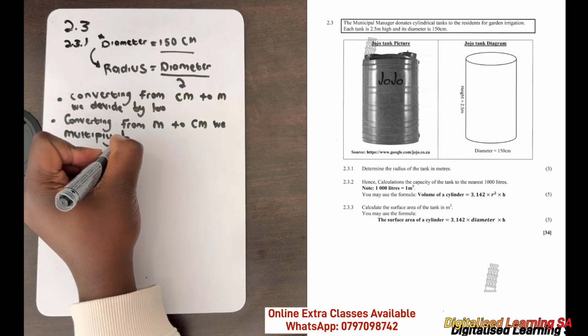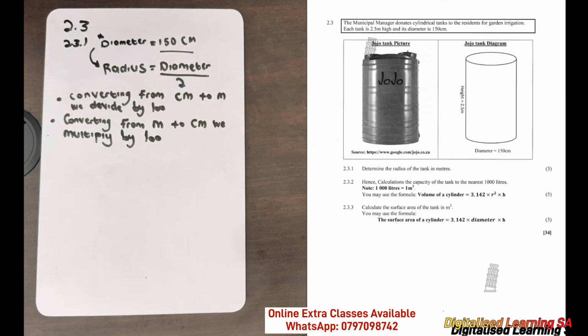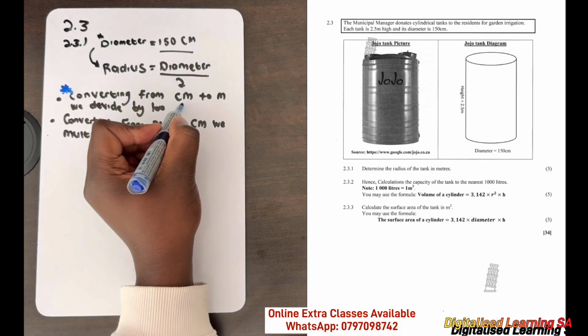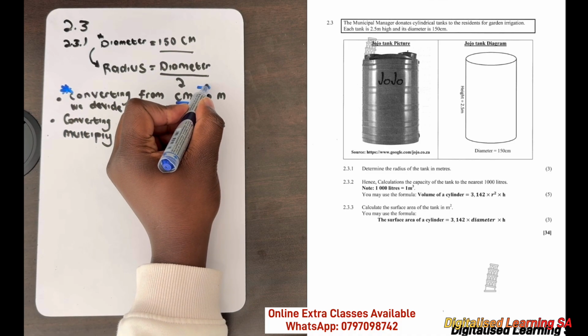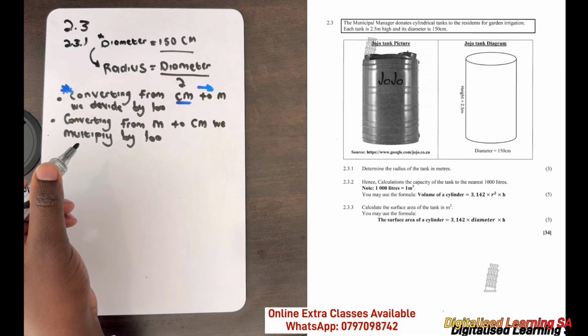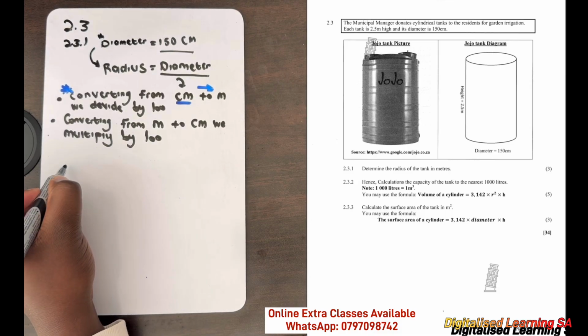In this case, we are converting from centimeter to meter, meaning that we are going to divide by 100. So we are going to divide our radius by 100 to convert it into meter.